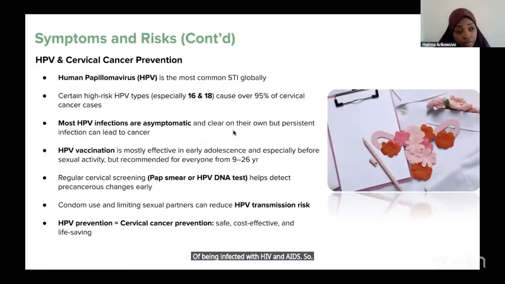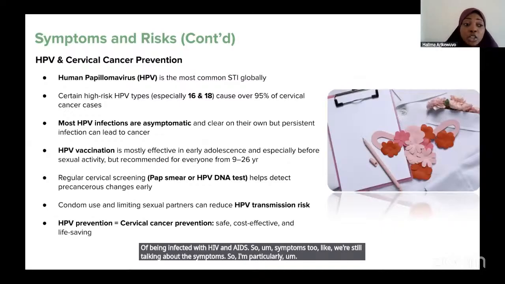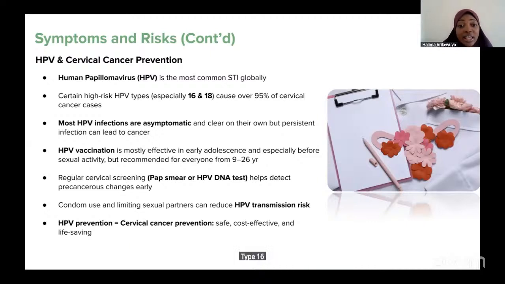We're still talking about the symptoms. I'm particularly going to talk about the human papilloma virus, which is the most common STI globally. Certain high-risk HPV types, type 16 and 18, can cause 95% of cervical cancer cases.